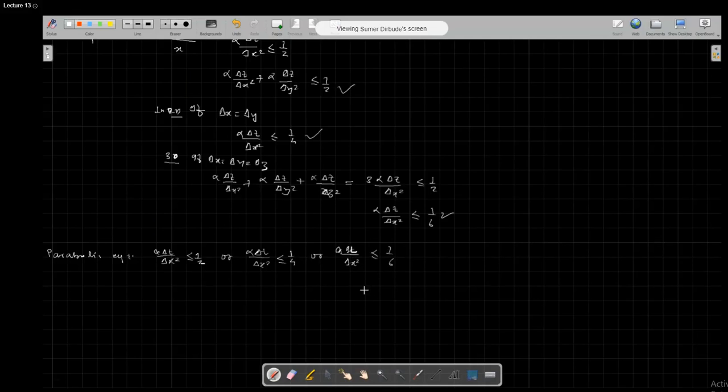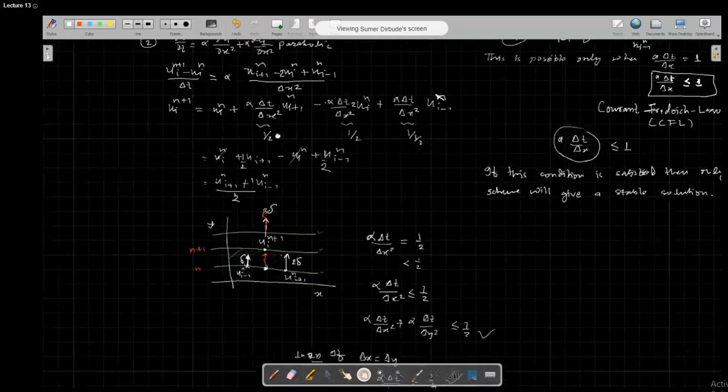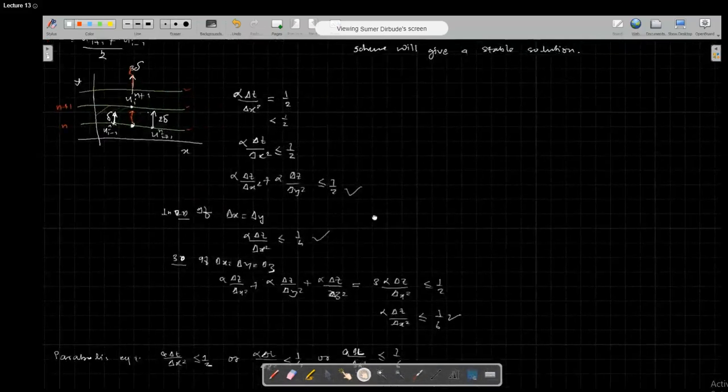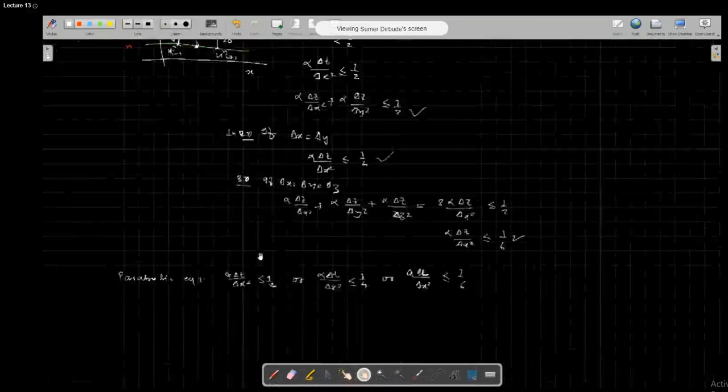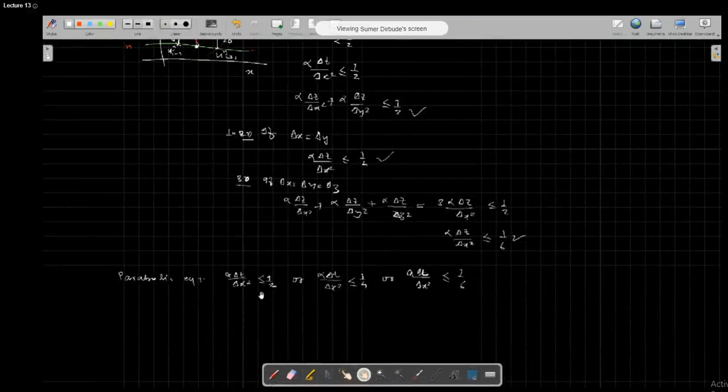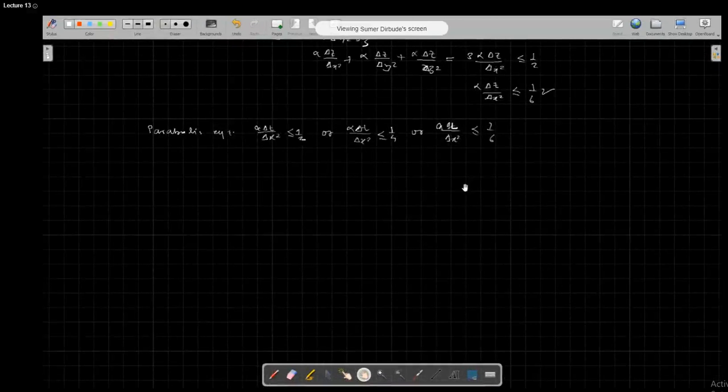So this is about stability. These conditions we should satisfy. U delta t by delta x should be less than or equal to 1, and alpha delta t by delta x square should be less than half, 1 by 4 or 1 by 6.